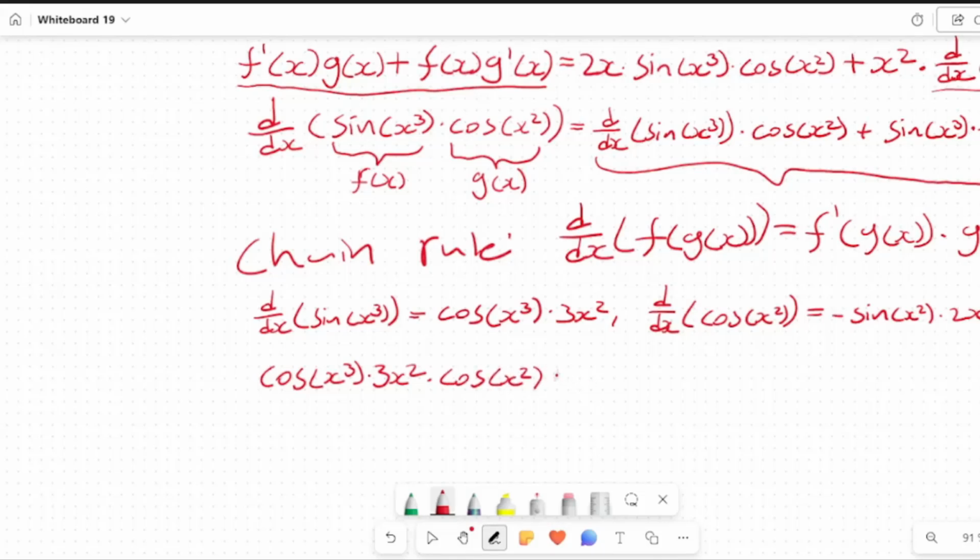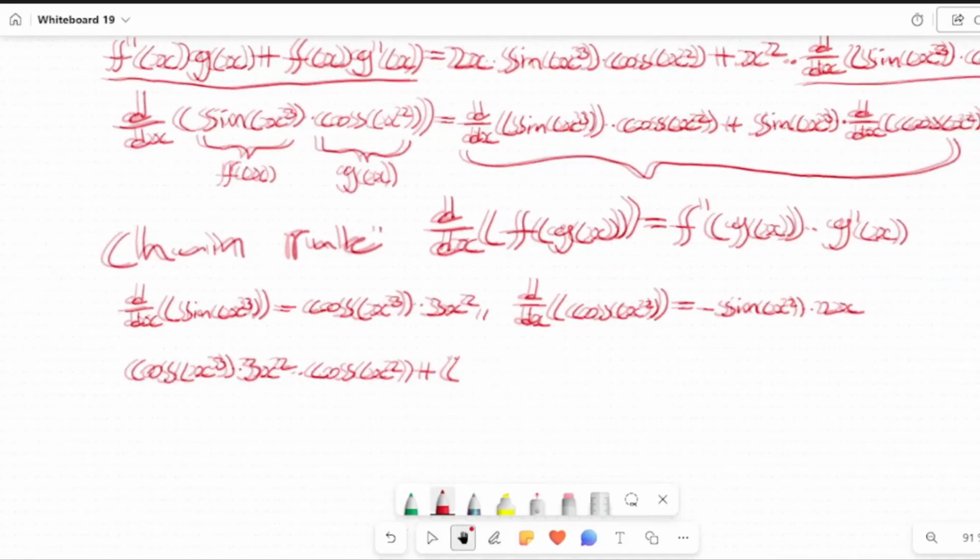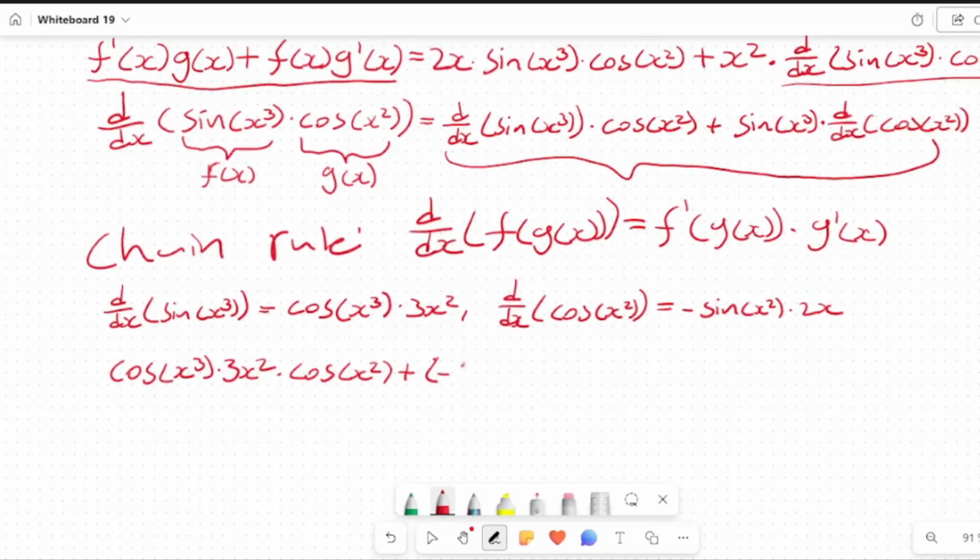And we add that on by sine, or it's actually negative sine of x cubed, because we have negative sine of x squared. We have a negative sign over here, so this is basically the same thing. So we're going to be subtracting, in other words.